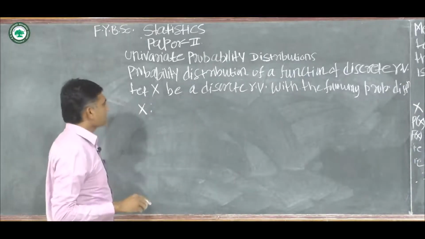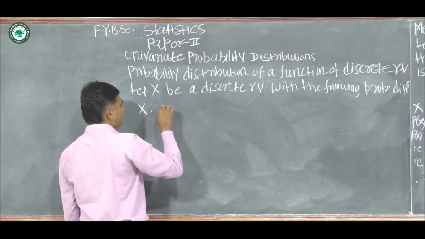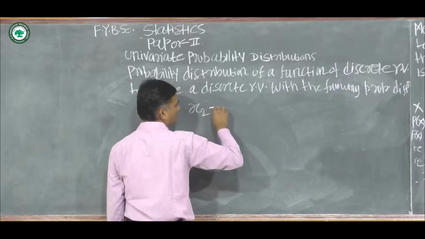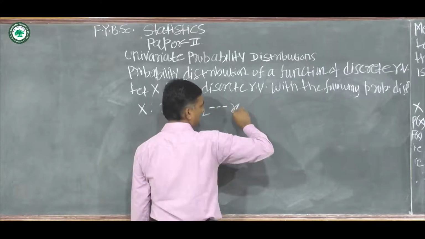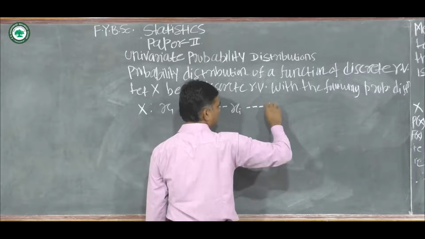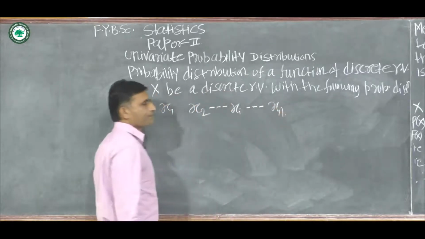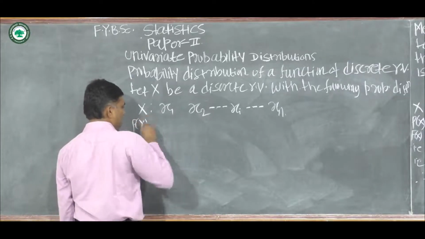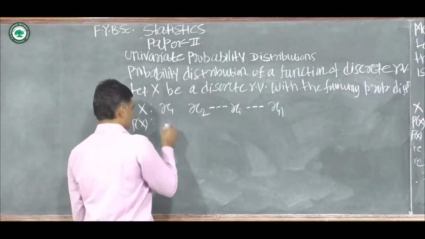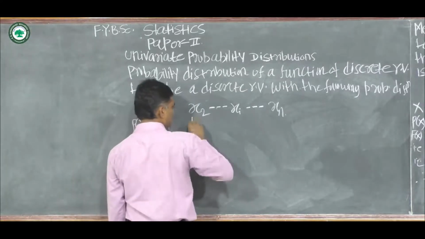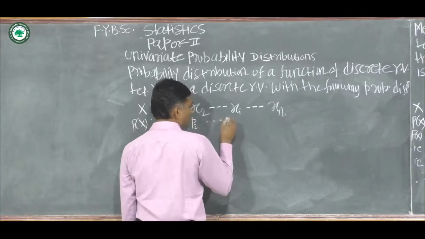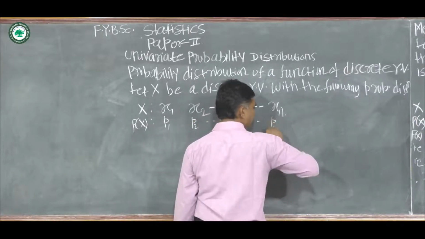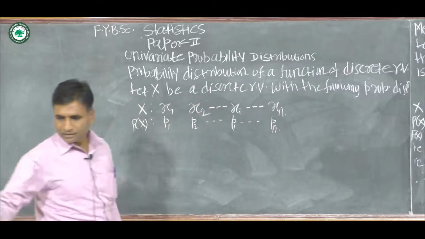This capital X is the discrete random variable. It takes values x1, x2, and so on, xi, and so on, xn, with corresponding probabilities p1, p2, pi and pn.